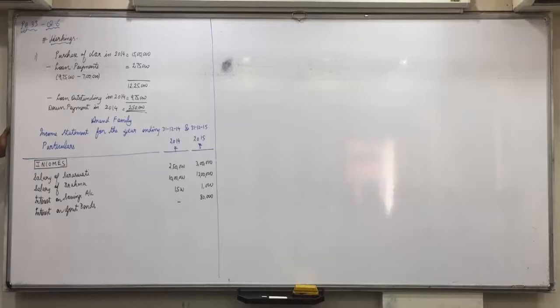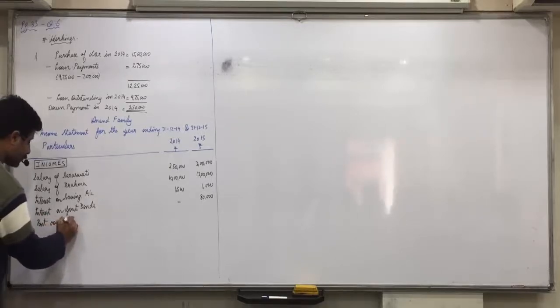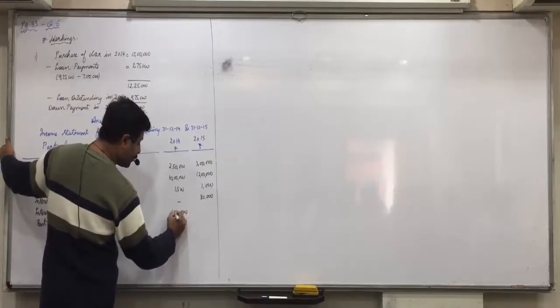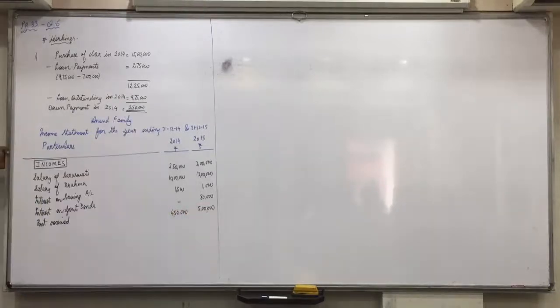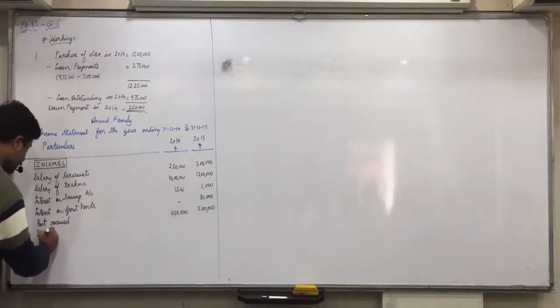Rent received 4,50,000 and 5 lakhs. Dividends received. Okay, in the order the next income is dividends received.